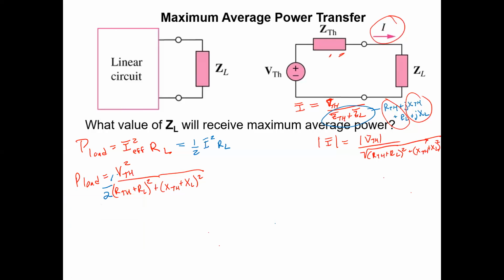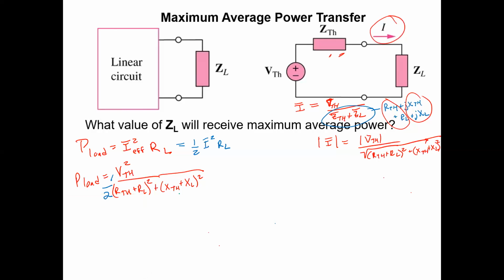Let's see. One way we can maximize the load power is to set the imaginary part of that sum equal to 0, right?